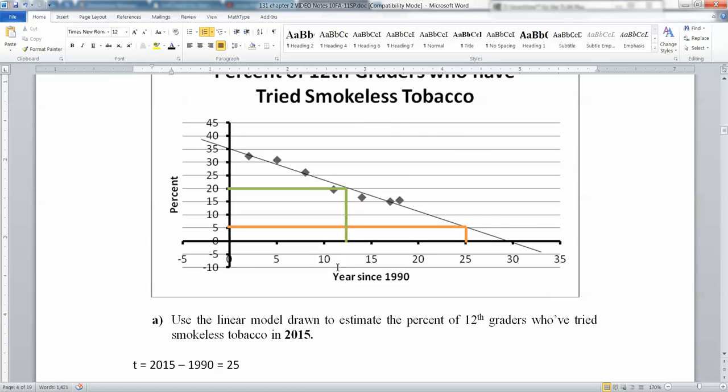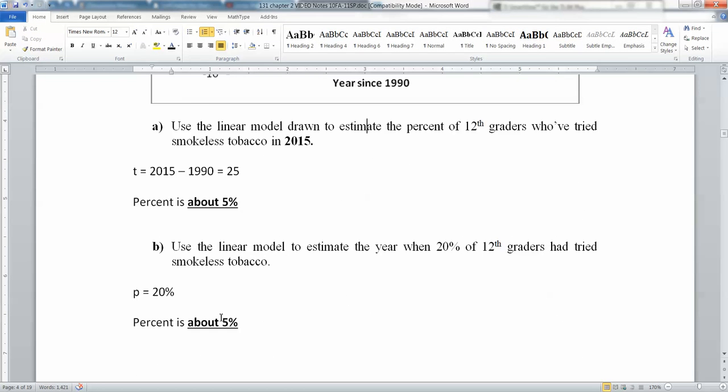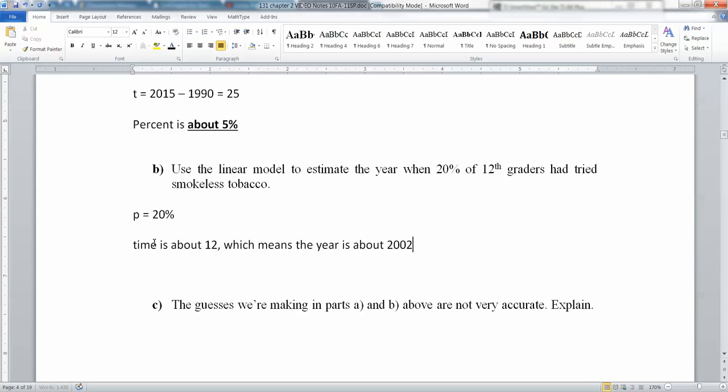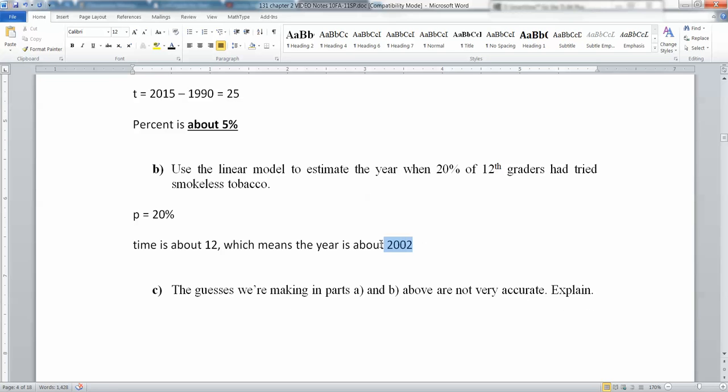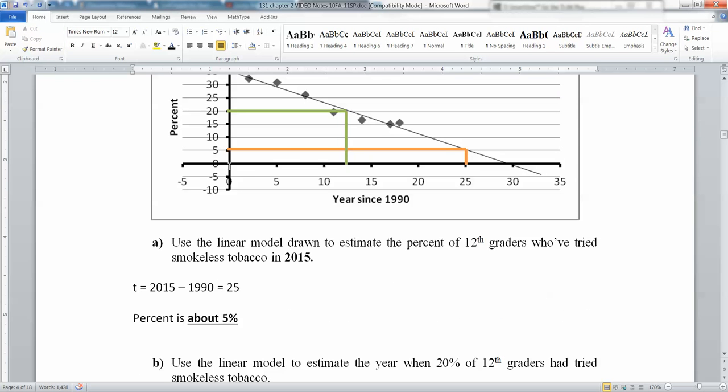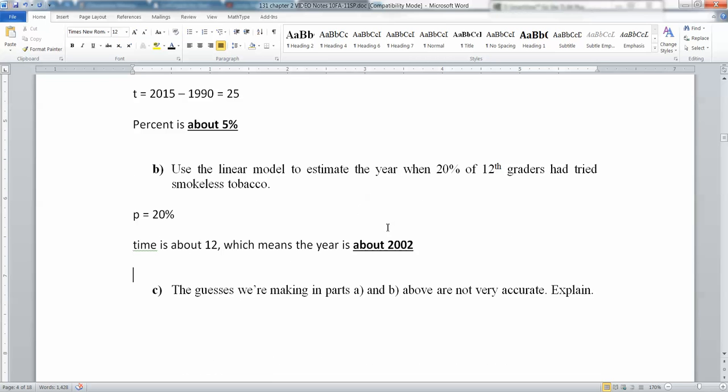And it looks like it hits around 12. So the time is about 12, which means the year is about 2002, right? Because 1990 was your starter year. You take 1990 and you add on 12, right? Because that was 1990, that's 1995, that's 2000 right there. So in about 2002.